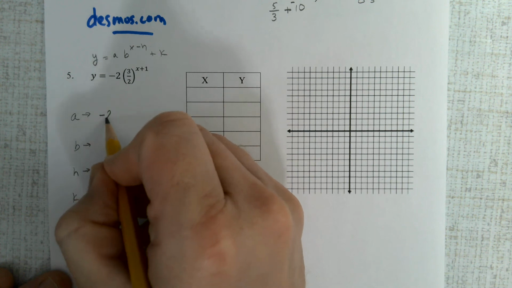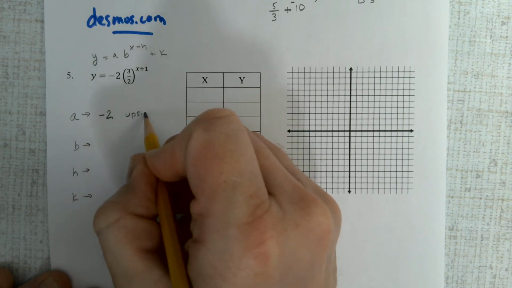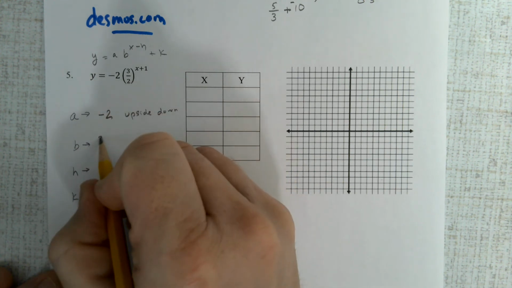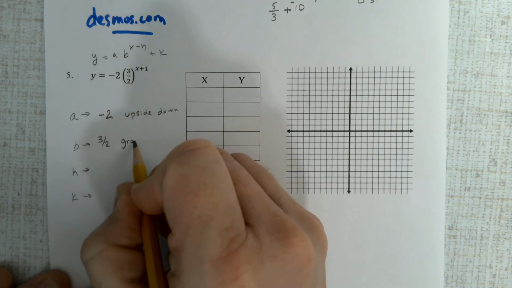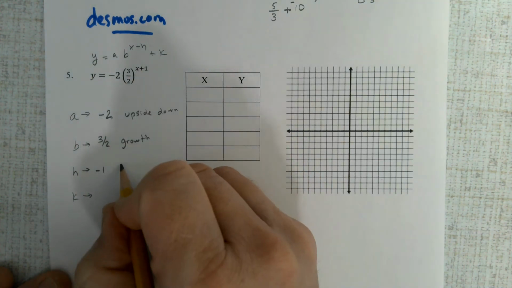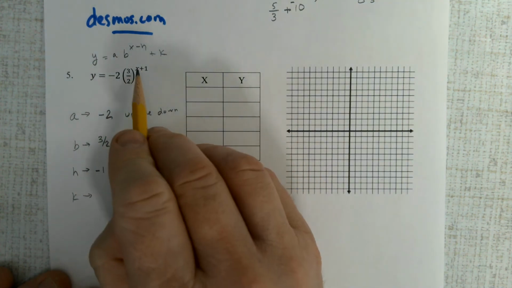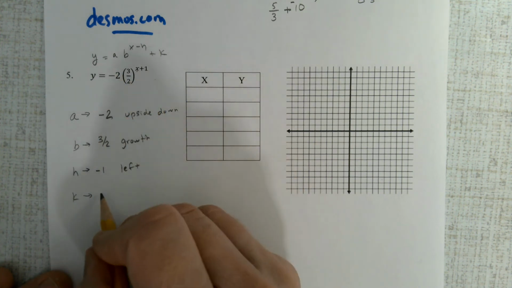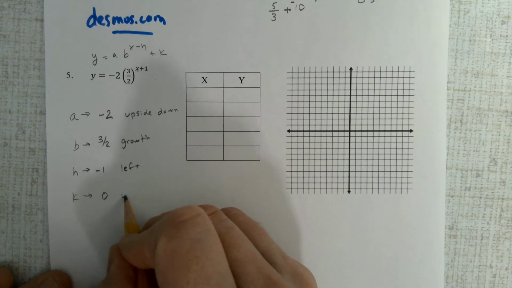A value -2. That means it's upside down. B value 3/2. That's the growth rate. The H value will be a -1 here, so it's 1 to the left. -1 makes this 0 here. And the K value, there is nothing there, so it's 0. 0 up or down.